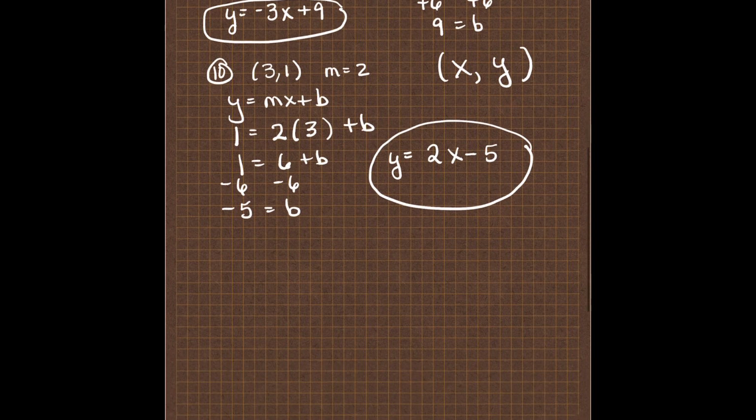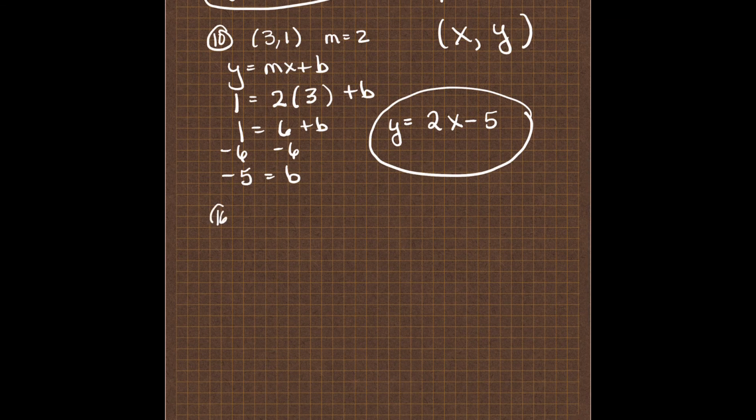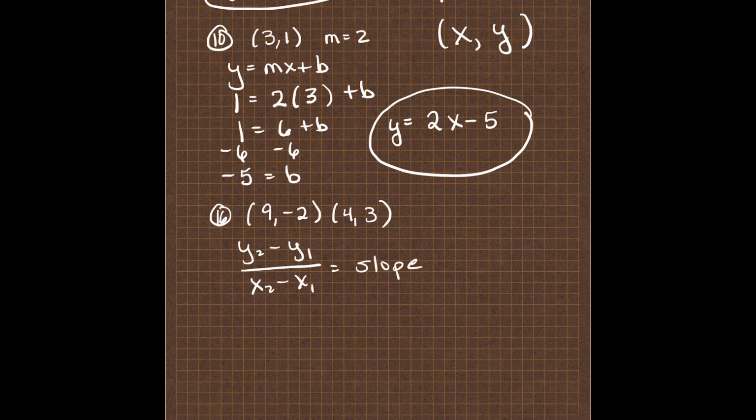There's a whole bunch of those. And then 16 does the same thing, again with 2 points. 9 and negative 2, 4 and 3. I need slope, so I'm going to use the slope formula. Hopefully you have that memorized. 3 minus a negative 2.